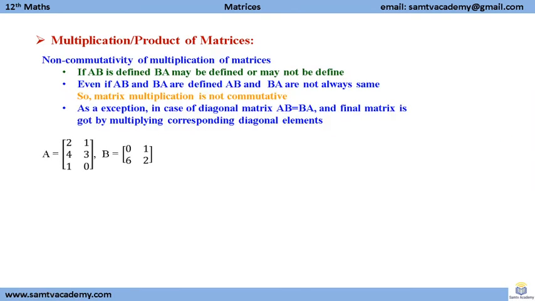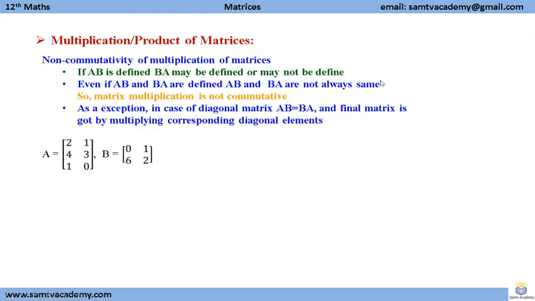Next we will see non-commutativity of multiplication of matrices. First, we have to see that if AB is defined, BA may or may not be defined.